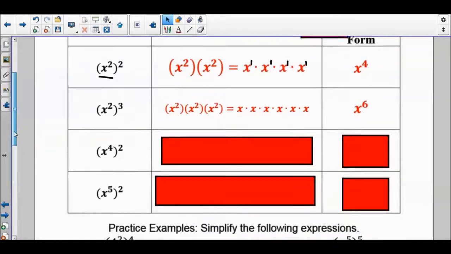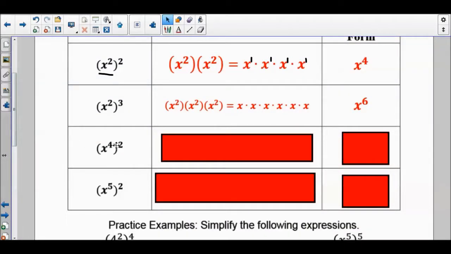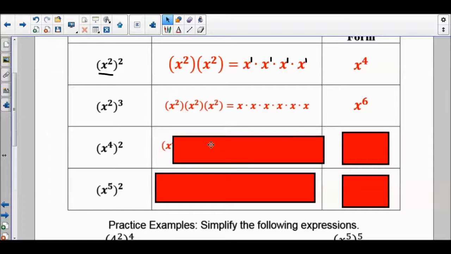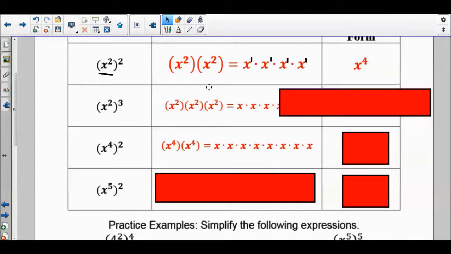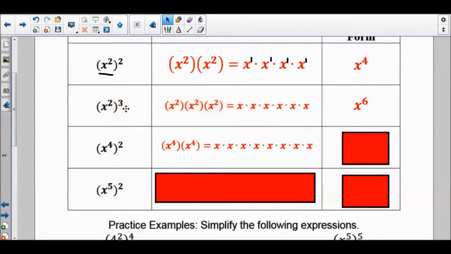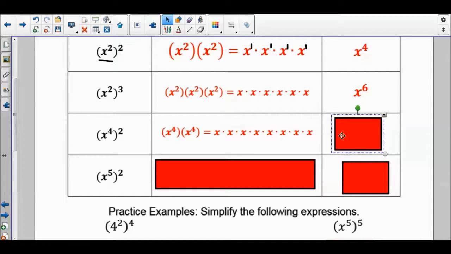For our next example, we have x to the 4th to the second power. So this time we're multiplying x to the 4th times x to the 4th, which would give us 4 x's being multiplied for the first x to the 4th, and then 4 more x's for our second x to the 4th. So now we have 8 x's total, so we have x to the 8th.